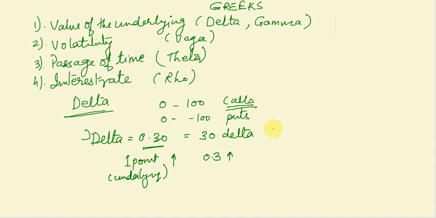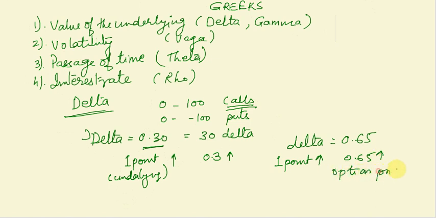If the delta is 0.65, it means that if the underlying goes up by 1 point, the option price will go up by 0.65, and that is a call option.